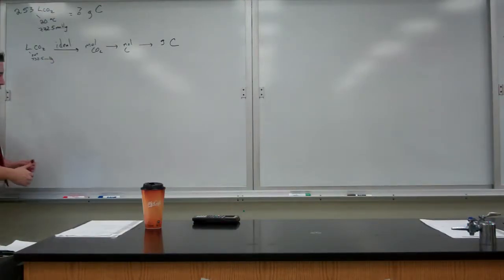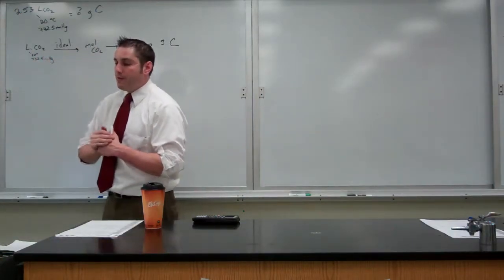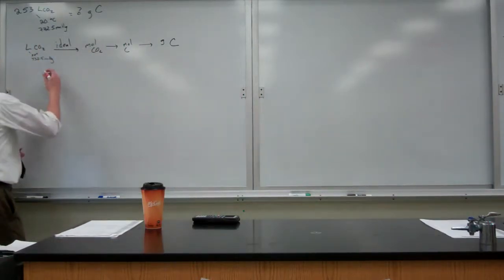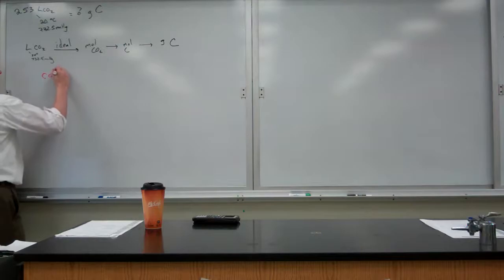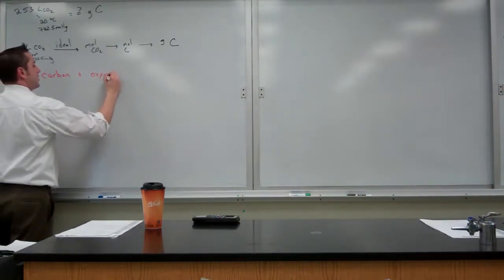So, to do this, I'm going to need a balanced equation to figure out what's going on. It says that carbon must be burned to produce CO2. If carbon is being burned, burned always hides oxygen.